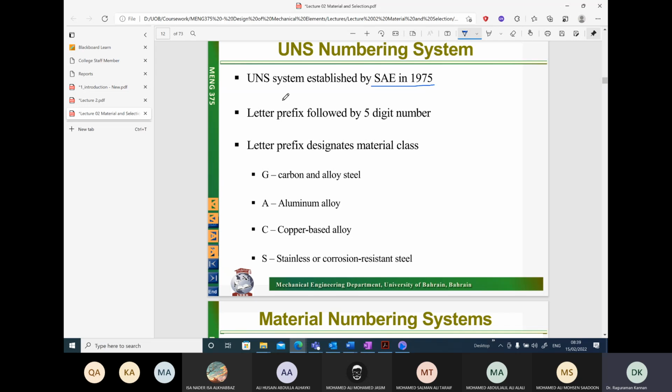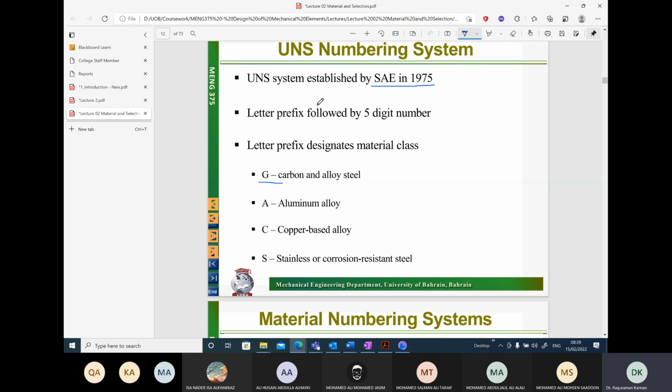Let us take steel and alloys. How do we identify, for example, steel and its alloys? They are iron and alloys with carbon, which gives you steel. G is used to identify usually carbon and alloy steels. This is the letter we identify steel with.